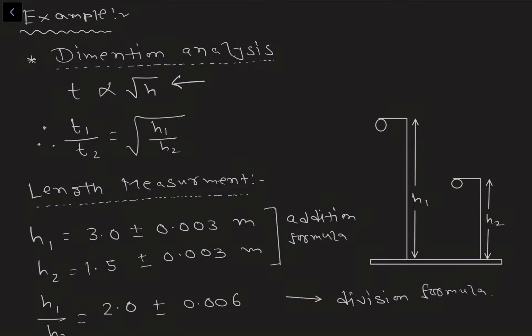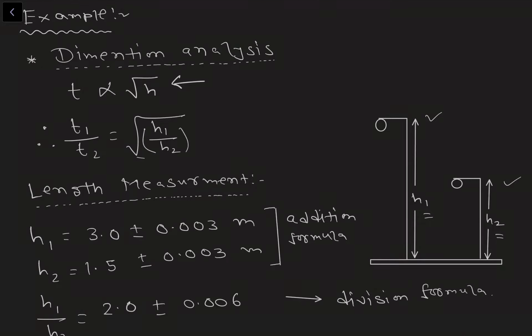Dimension analysis shows us that the fall time of an object from a height h is proportional to the root of h. Now we are going to check whether the dimension analysis is correct or not. We are going to measure the fall time for an object falling from two different heights, say h1 and h2.